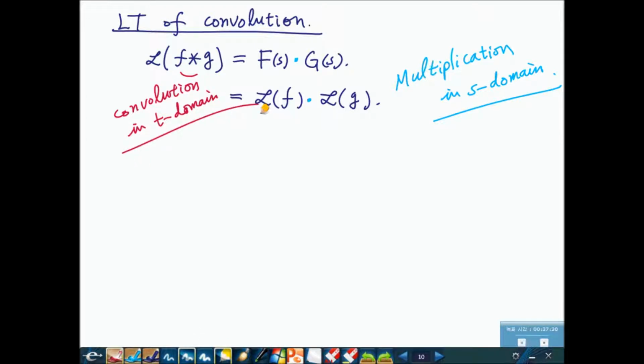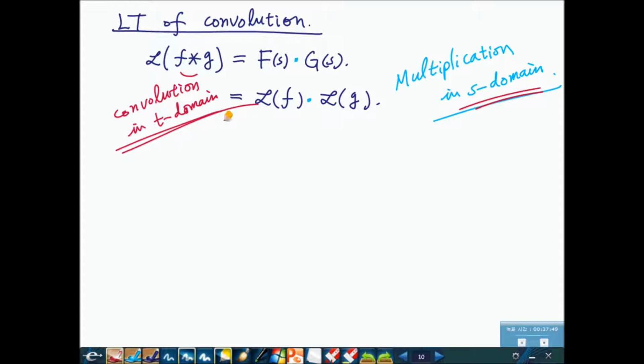That's the importance of this convolution. We need multiplication operation in S domain, and it happens many times. It always happens. Multiplication of functions in S domain is simply convolution in T domain.